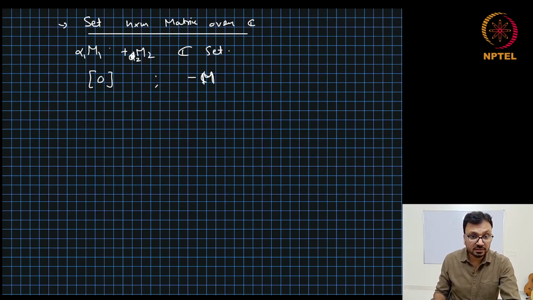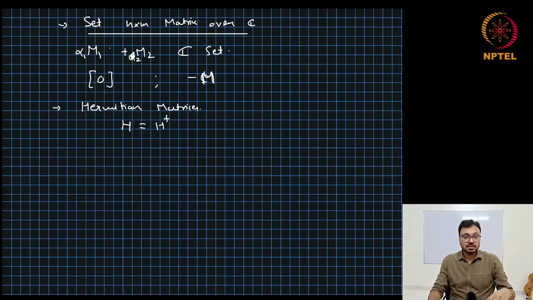One very interesting subset of this, of particular interest to us, is the Hermitian operators, Hermitian matrices. A Hermitian matrix H, let us say, is defined as a matrix which is equal to its own Hermitian conjugate.